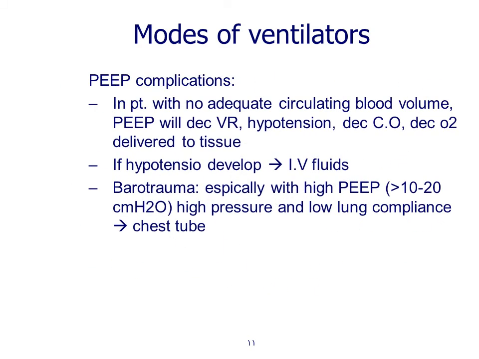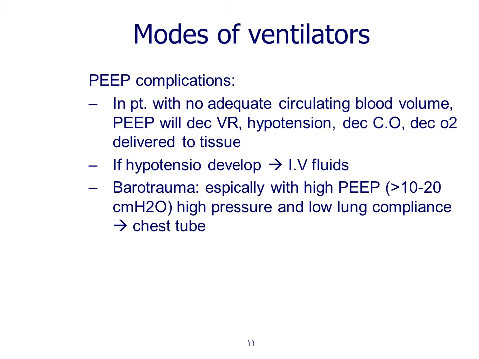The PEEP complications. There are significant complications for PEEP with no adequate circulation, وخصوصا إذا كان المريض السيركوليشن عنده قليلة أو low circulating blood volume. The PEEP will decrease the venous return to the heart that may result in hypotension, decreasing the cardiac output and decreasing the oxygen delivered to the tissues.